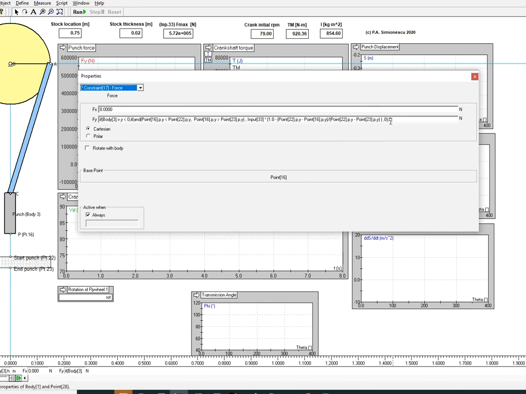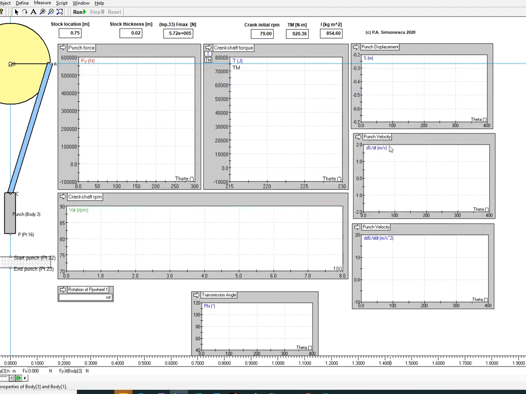Otherwise, it's 0. So you can do the same, or you are going to do the same, but for your own point numbering and body numbering. Maybe body will get the number 3, but points probably not.